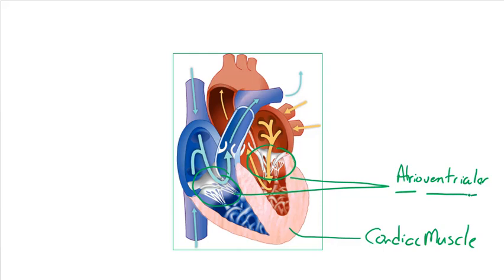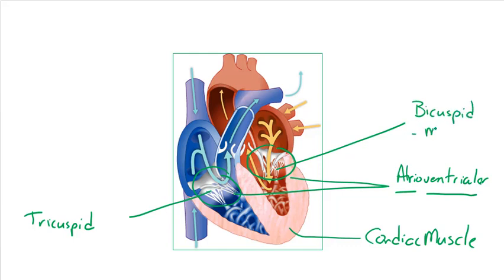This means they're located between the atria and the ventricles. Their names are the tricuspid valve here on the right side of the heart, and the bicuspid valve on the left side. Most people prefer to use the bicuspid's other name, the mitral valve.